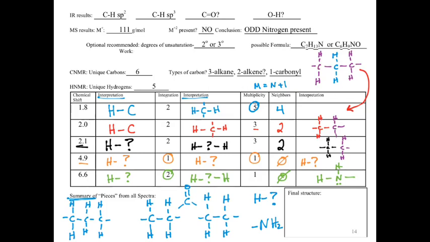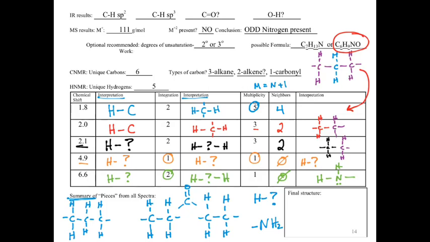When we go back, our mass spec told us that the formula we were working with was C6H9NO. Or we could look at the molecular weight. Either way, if we count this up, we get 1, 2, 3, 4, 5, 6, 7, 8 carbons. Our formula, or even our molecular weight, tells us that we've definitely exceeded the possible mass for this structure.